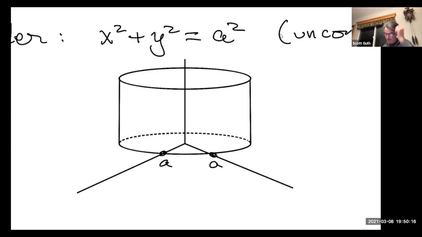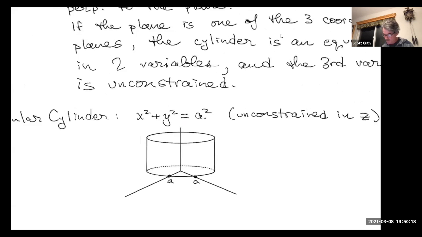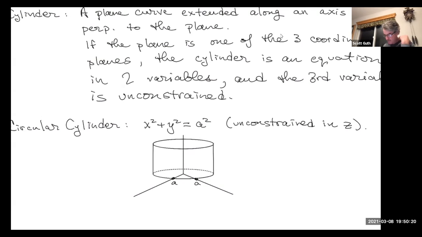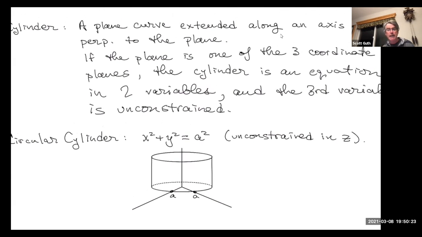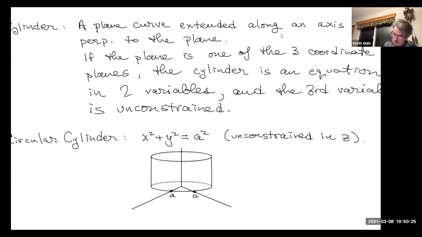Like that. Okay, so any questions? I hope you can see that. Okay. So that's the simplest of the quadric surfaces, just a circular cylinder, but it's not the only type of cylinder.